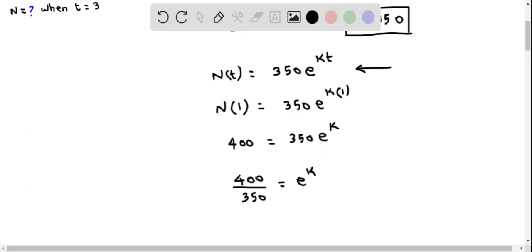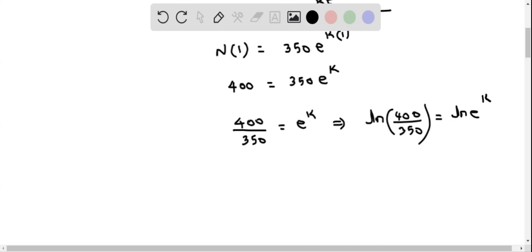We can solve for k from this equation. We can convert this to natural logarithms. That is natural logarithm of 400 over 350 equals natural logarithm of e raised to the power of k. Basically, we apply natural logarithm to both sides, and this k will come into the front according to the power rule of natural logarithm, and this means we write this as k times natural logarithm of e.